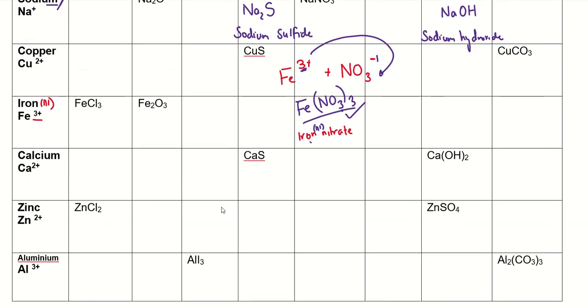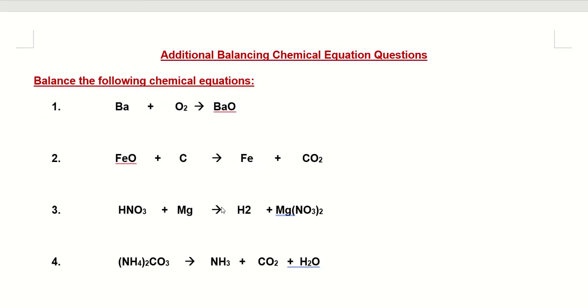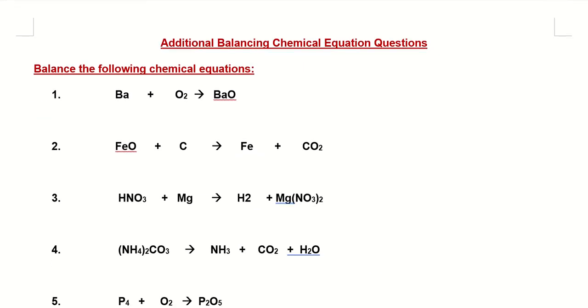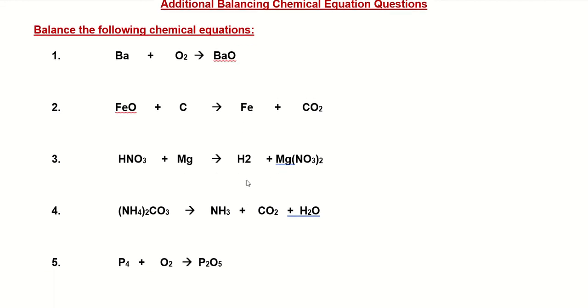Let's see if there's anything missing here. No, that looks fine. Alright, so there's that. The second part we have of this lesson is to do some more practice on balancing chemical equations. So when it comes to balancing chemical equations, remember the rule: we always try and ensure that we are balancing, we're making sure everything on both sides is equal to each other.